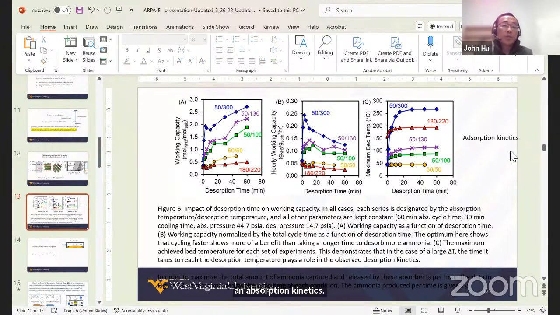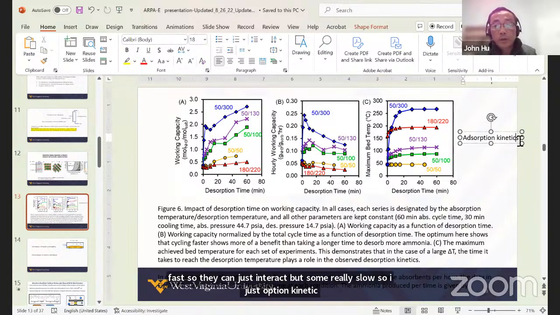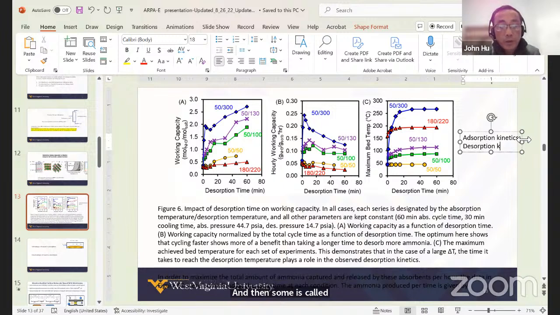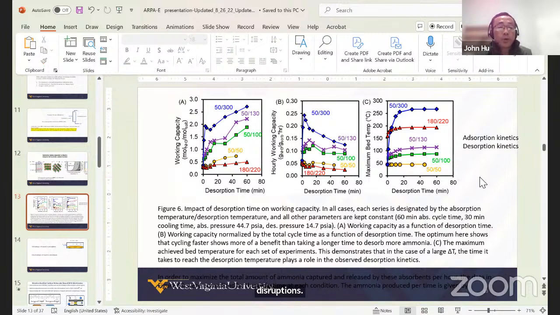Some molecules interact with a solvent very fast, so they can just interact, but some are really slow. And then there is desorption kinetics: how fast you can push the molecule out of the surface.